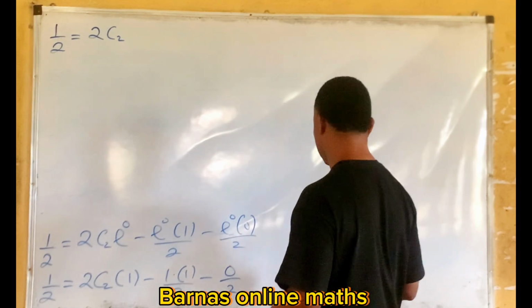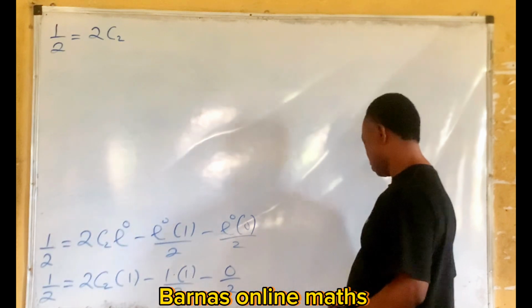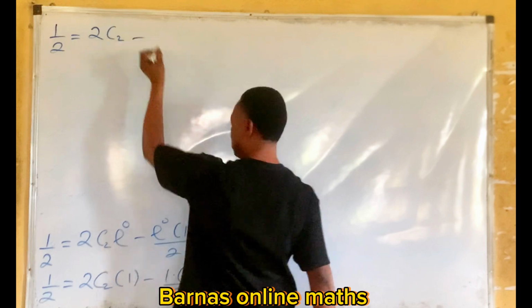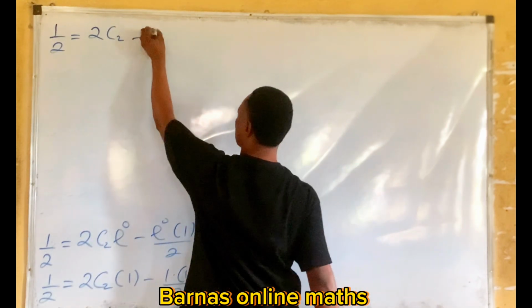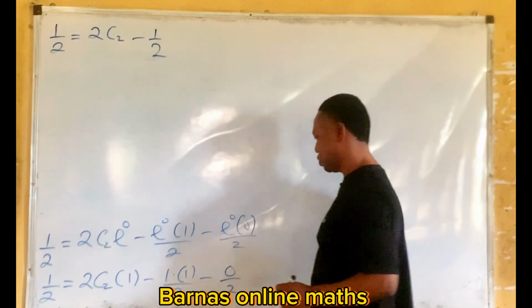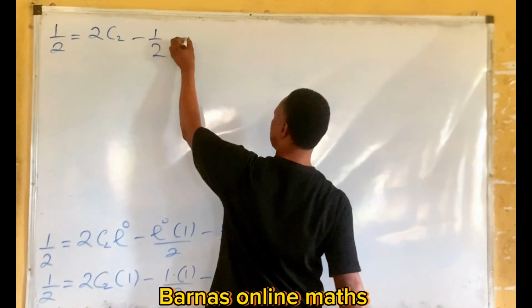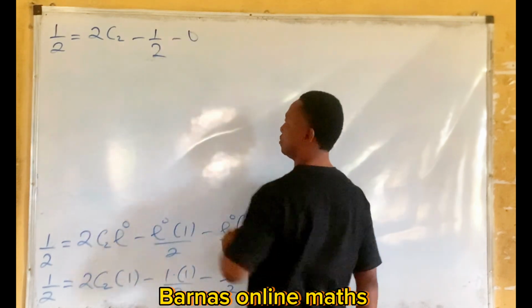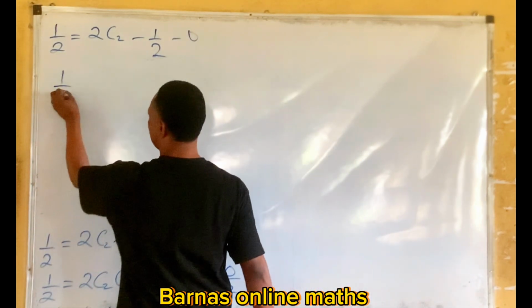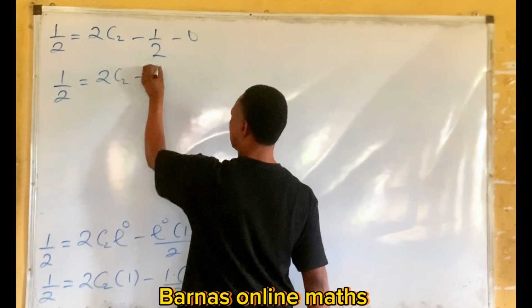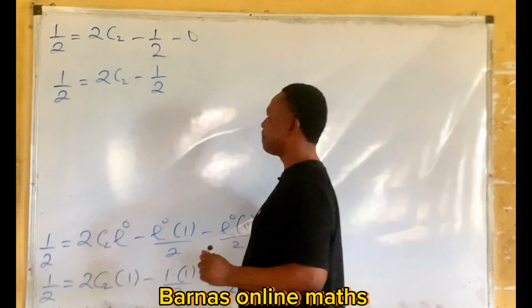So, minus 1 times 1 will give us 1 all upon 2. Then, minus 0 divided by 2 will give us 0. Hence, 1 over 2 is equals to 2C2 minus 1 over 2.